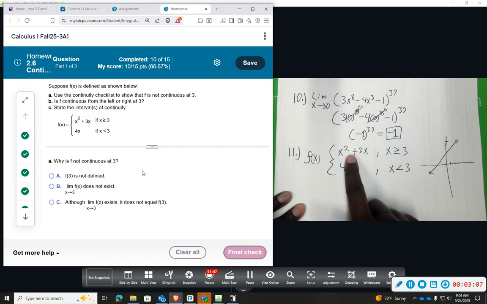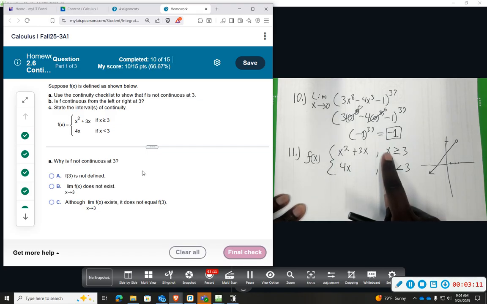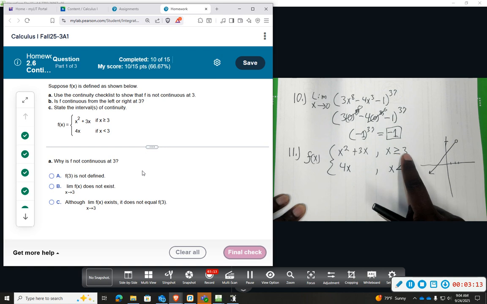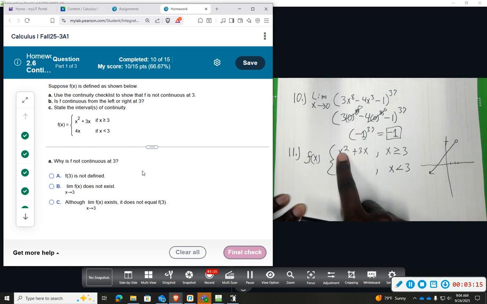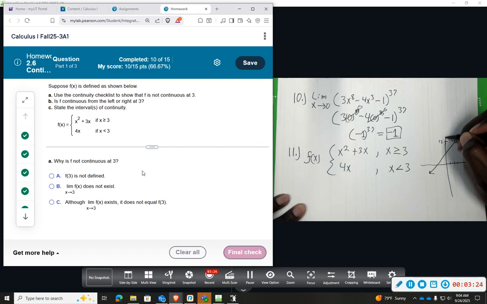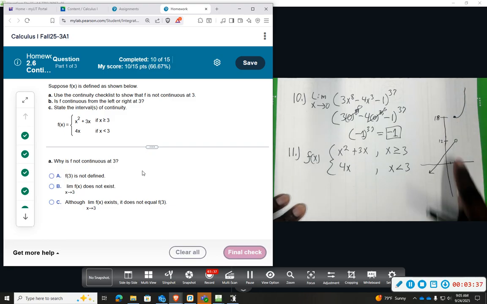And then for the parabola starting at 3, if we plugged in a 3, 3 squared would give us 9, and then 3 times 3 is also 9. 9 plus 9 gives us 18. So if this is 12, our next parabola would start at 18, and the parabola would be curving up. It'd be a closed point, and it would just curve up from there. So it's a big gap.